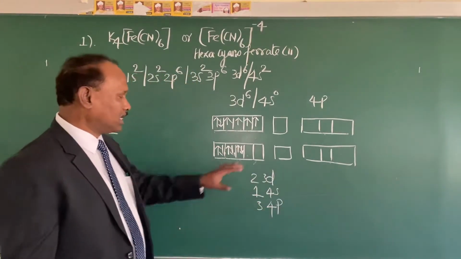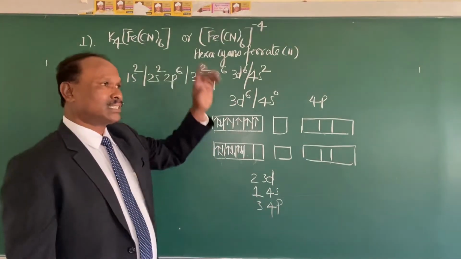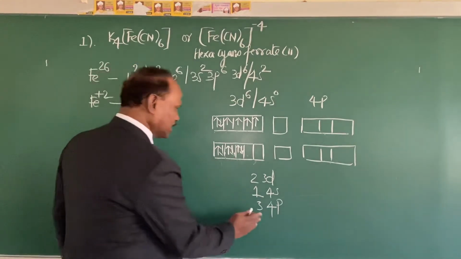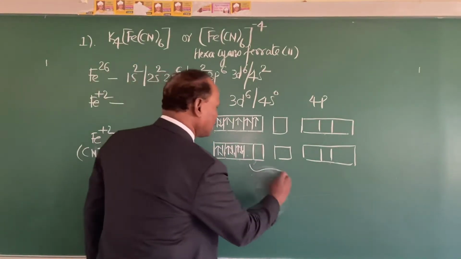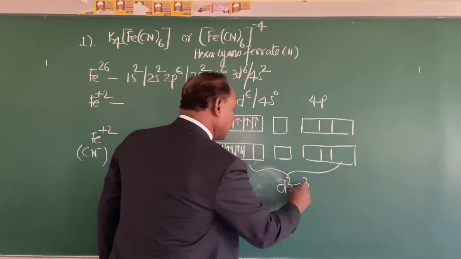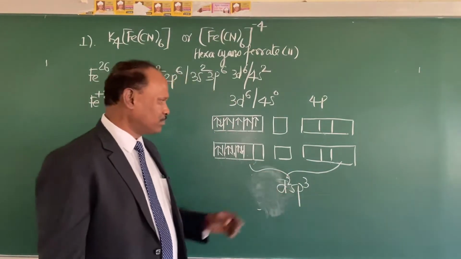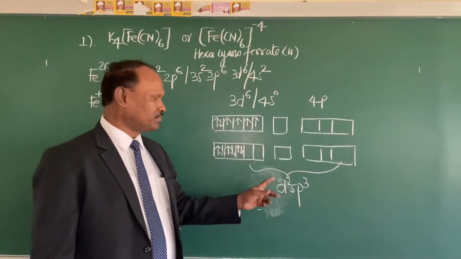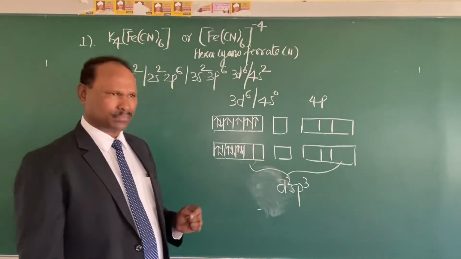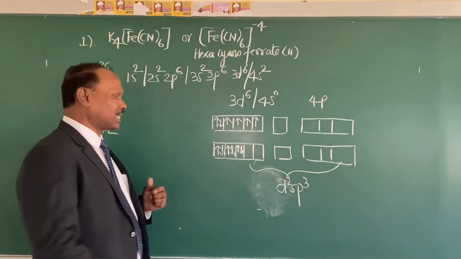So they undergo hybridization first before accepting the electrons from the cyanide ligands. So this becomes d2sp3 hybridization. So when they undergo d2sp3 hybridization, the 6 orbitals of d2sp3 hybridization now possess the same energy. So when they possess the same energy, they accept the electrons from the cyanide ligand.